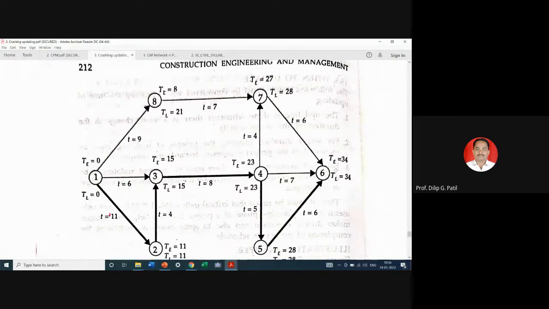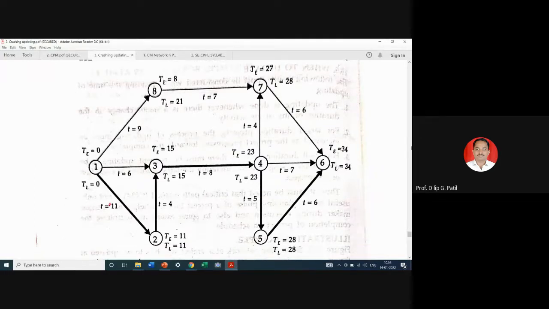So in terms of change in project duration, you can say 40 minus 34. There will be change in project duration of 6 days, 40 minus 34. Change in project duration is 6 days. Change in critical path is like this. Instead of 1, 2, 3, 4, 5, 6, now critical path will be 1, 8, 7, 6.